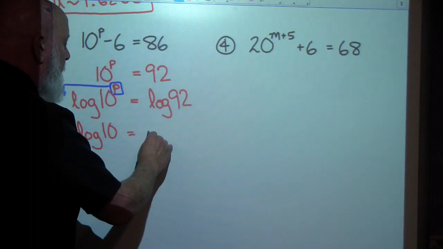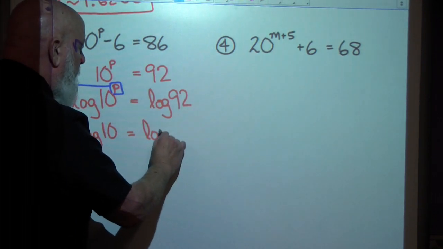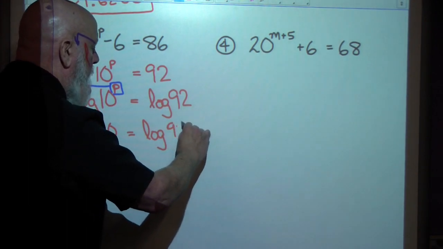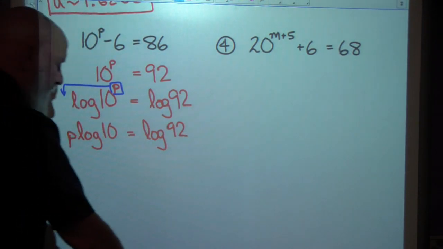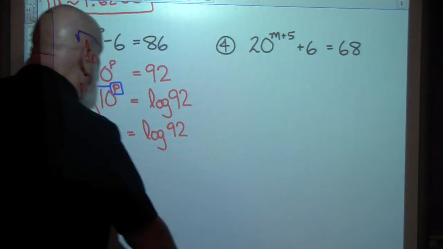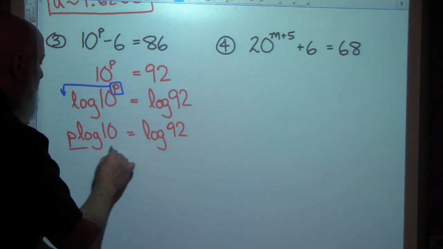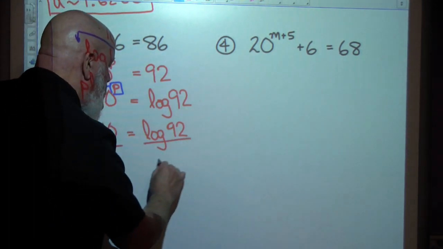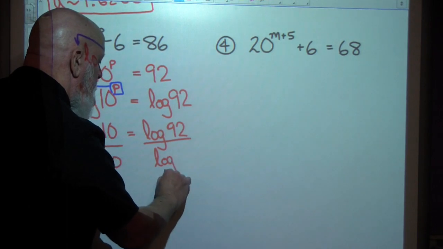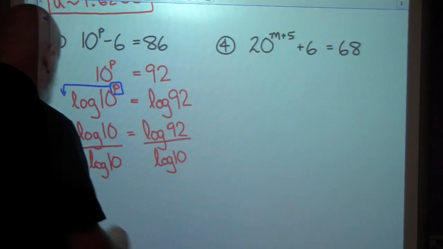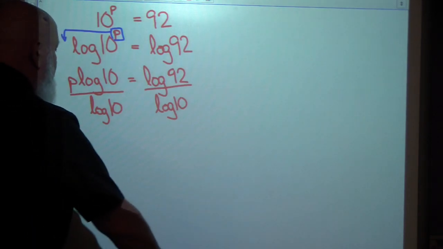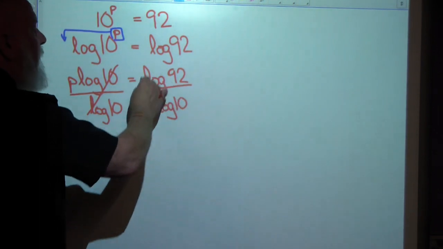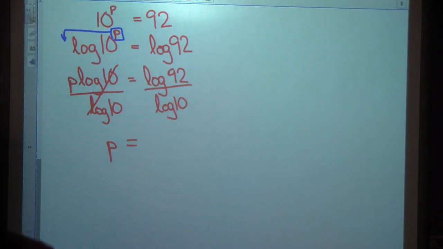Is equal to log 92. It makes me feel like I've made a mistake. I hope I haven't. I'm going to divide both sides by the log of 10, which is 1. And that should give me p equals whatever this is.